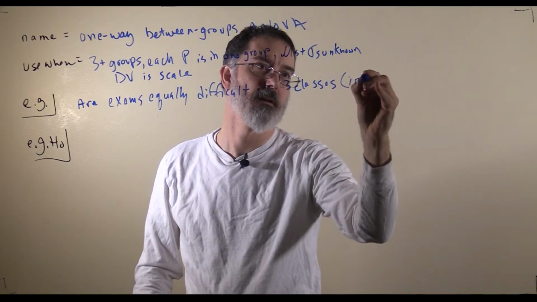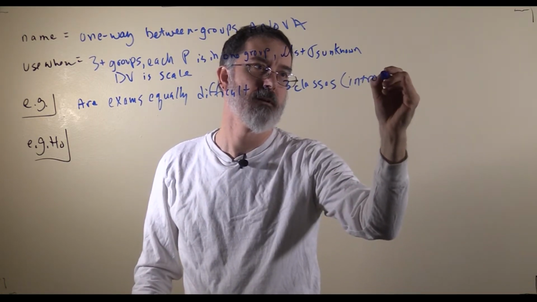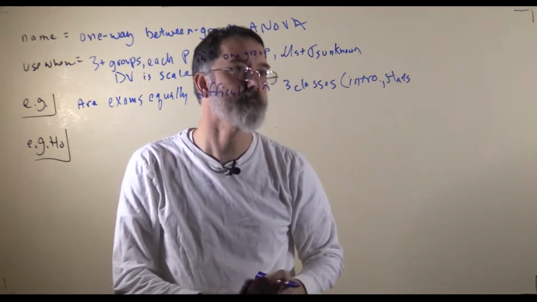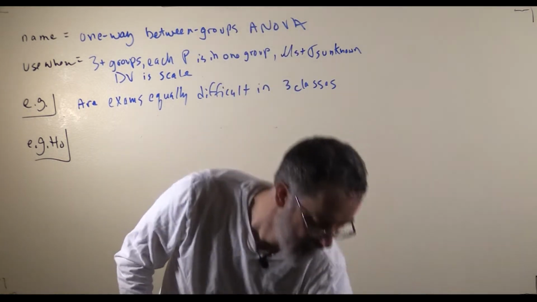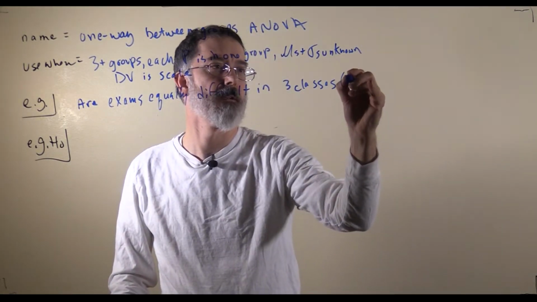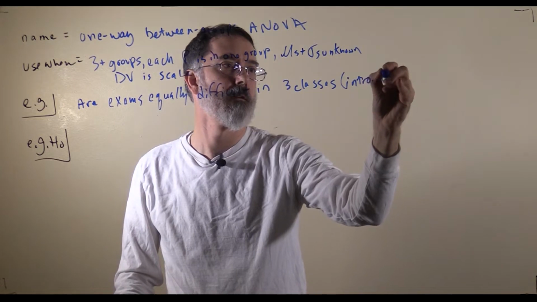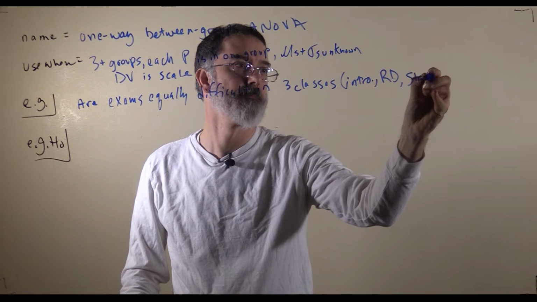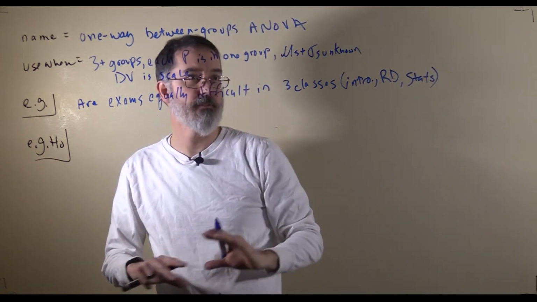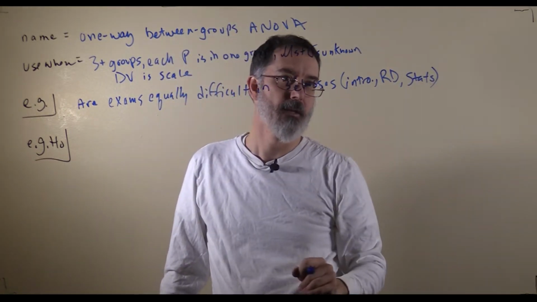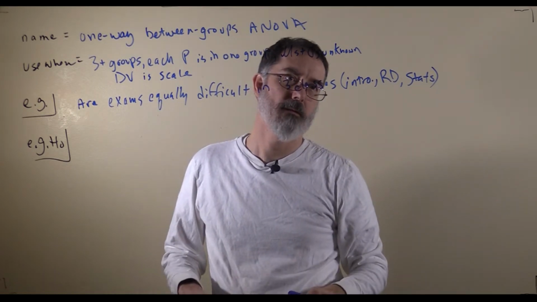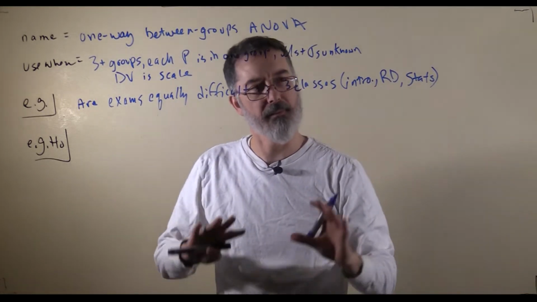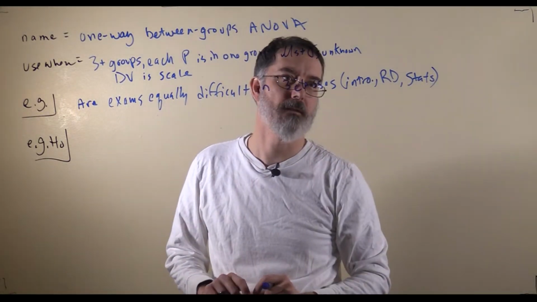So let's say I'm teaching Intro to Psych, Research Design or Research Methods, and Statistics. So I have different students in each of these three classes, and I'm going to compare the scores of the students on their exams to see if the exams are the same difficulty in all the classes or if one is harder than the others.